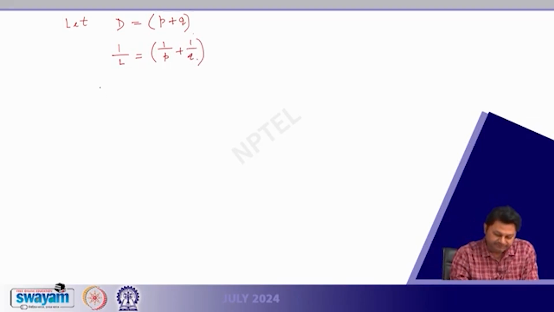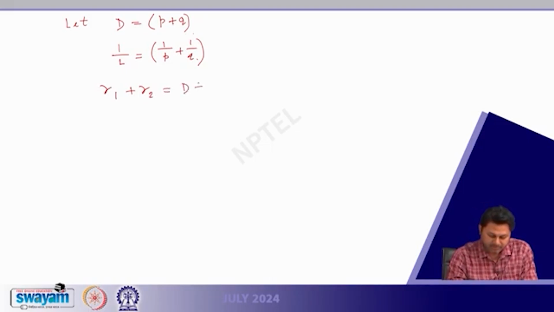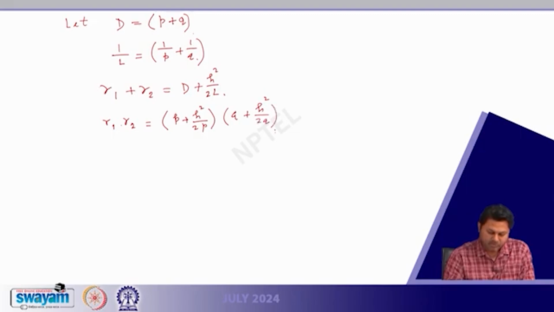So, essentially R1 plus R2 will be D plus H square divided by 2 of L, and R1 R2 is P plus H square divided by 2P multiplied by Q plus H square divided by 2Q.